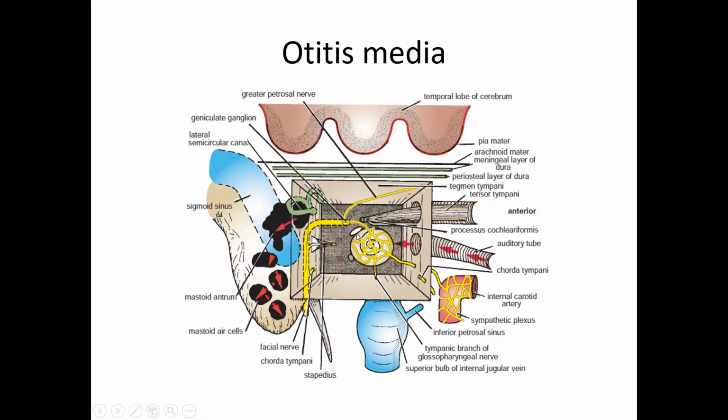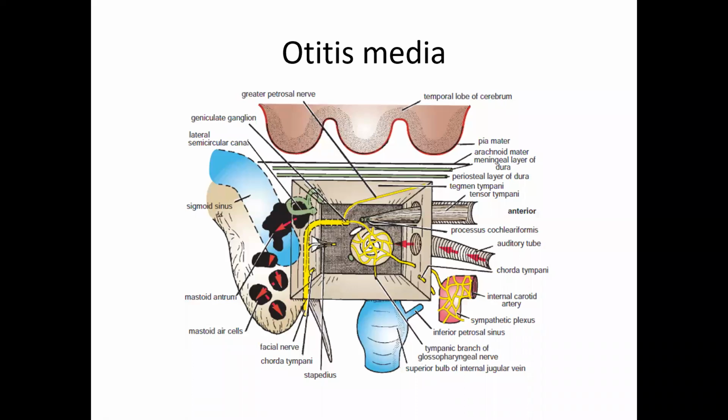Postero-superior is the oval window where the footplate of stapes is, and postero-inferior is the round window. This is closed by a secondary tympanic membrane. Posteriorly, you can also see below the mastoid antrum is the pyramidal hollow for stapedius muscle.